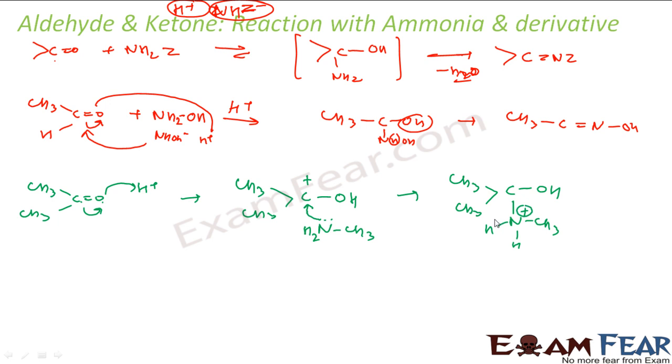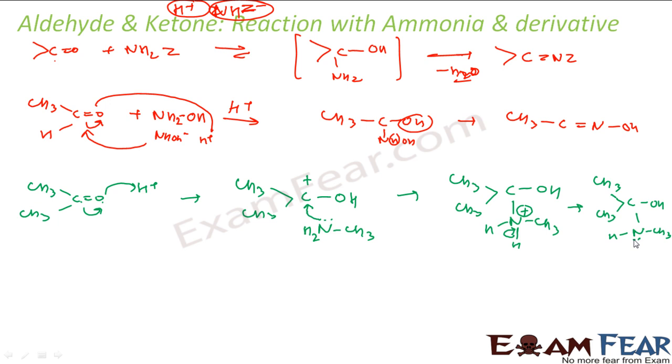Right? But nitrogen doesn't love positive charge. Somebody has to go out. So this hydrogen will go out. Hydrogen will say, okay, I leave, I don't mind leaving. It's a good leaving group. Hydrogen will go out and this will become neutral: C, OH, and you have NH, CH3 and a lone pair of electrons.